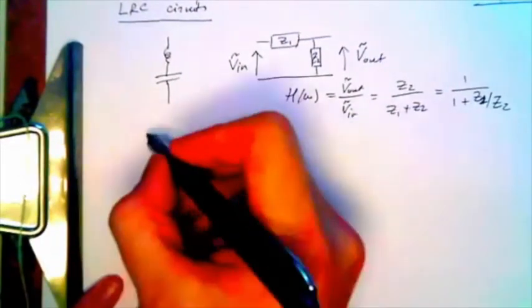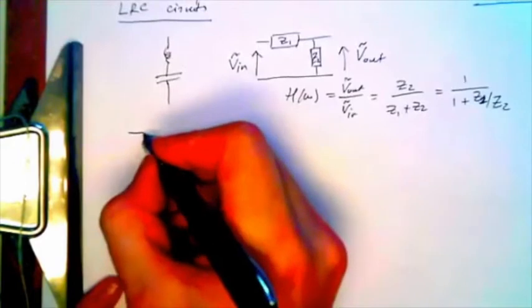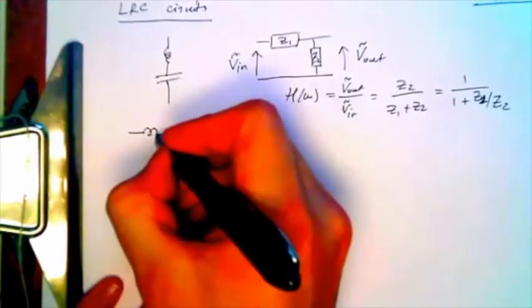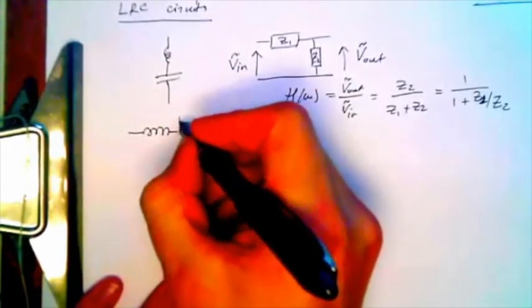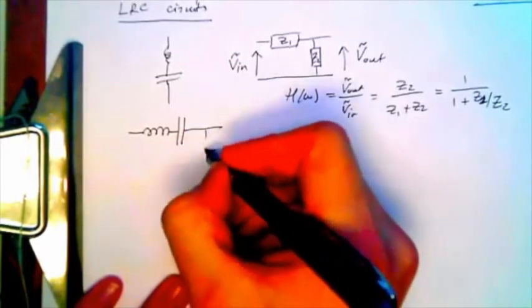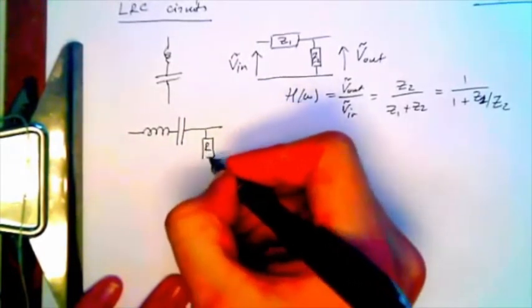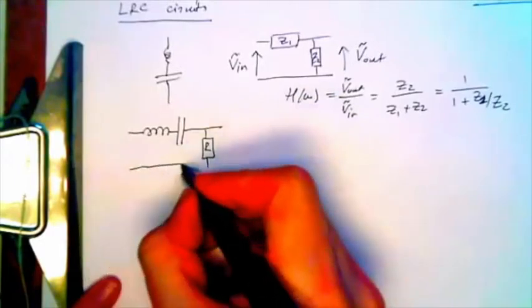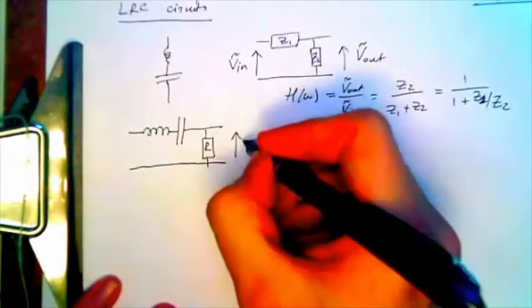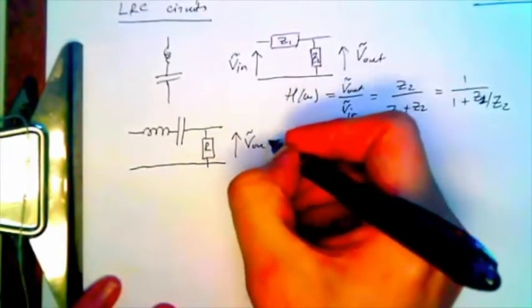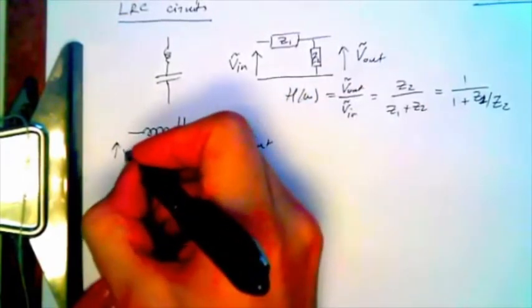So let's use the following. We'll put an inductor here, and we'll put a capacitor here, and then we'll put a resistor here. Resistor, capacitor, inductor. So we still have our output here and our input here.